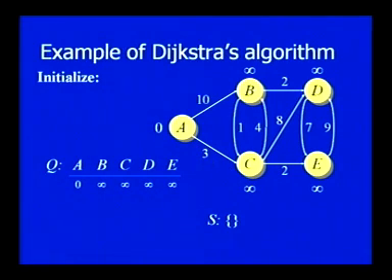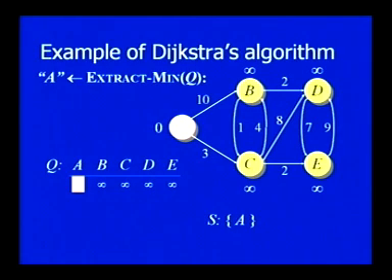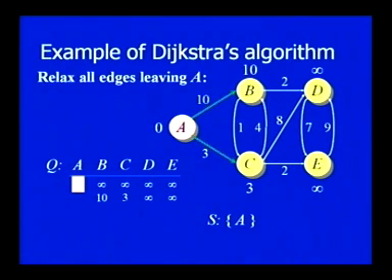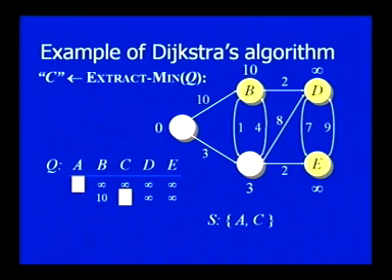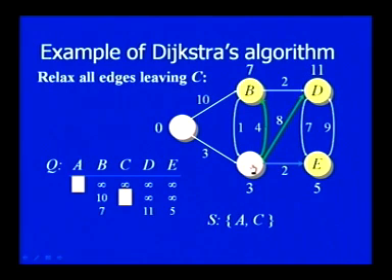The subsequent stages become like this: C is minimum, therefore C is added to the resultant set. Now A is available, then C is available, so we can proceed to the next step.